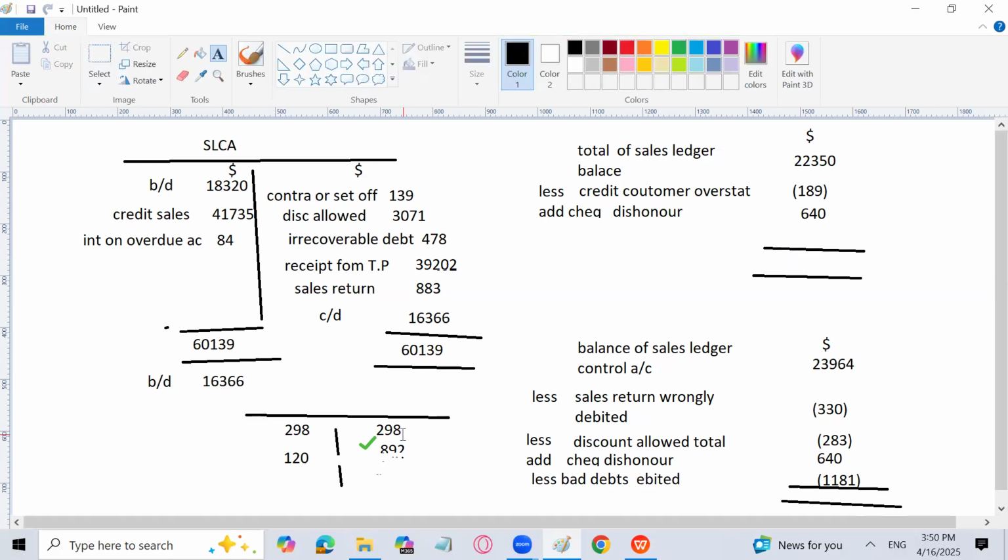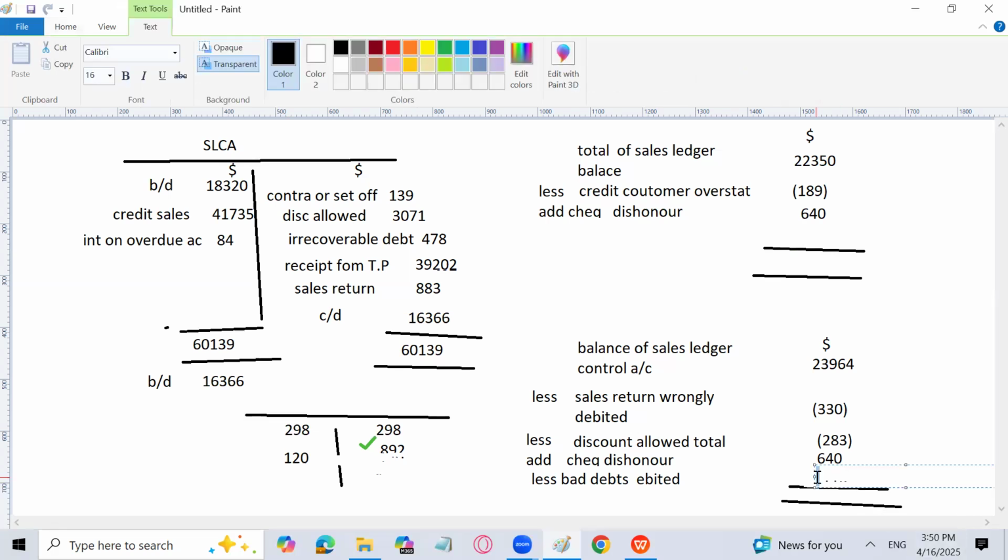Let's total this again, 298 plus 892, and total again. Yes, so I understood what the mistake was. Although I told you I haven't solved the question before, even the first time I'm seeing it. The totals are 1190 and 22801, and here I will write 22801.